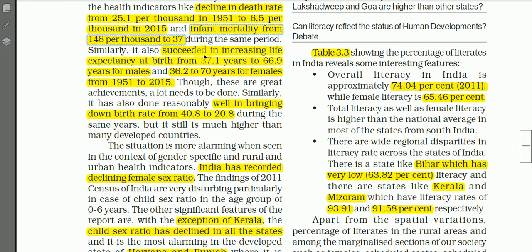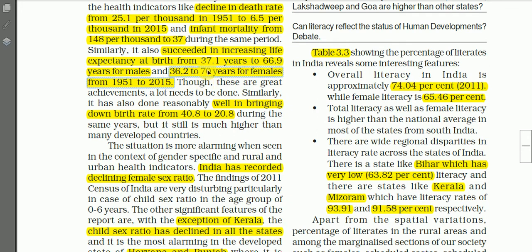Similarly, it has also succeeded in increasing the life expectancy at birth from 37.1 years to 66.9 years for males, and for females 36.2 to 70 years, from 1951 to 2015. Life expectancy is also improving.